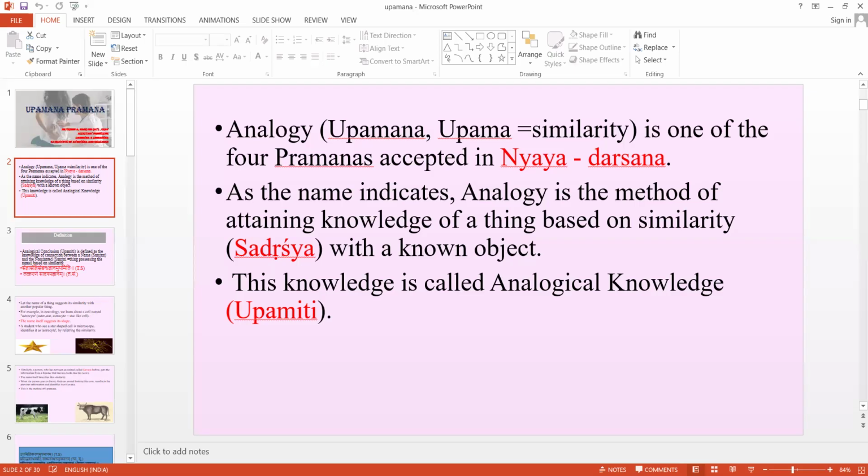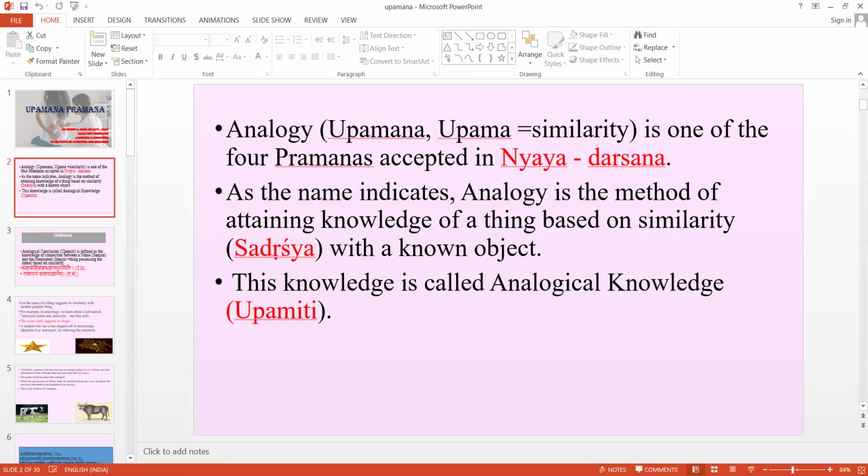Prama means true knowledge. The knowledge obtained through Pratyaksha Pramana is called Pratyaksha. The knowledge obtained through Anumana Pramana is called Anumiti. The knowledge obtained through Upamana Pramana is called Upamiti.